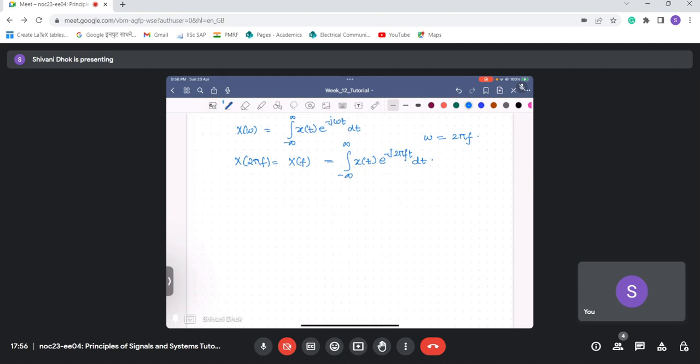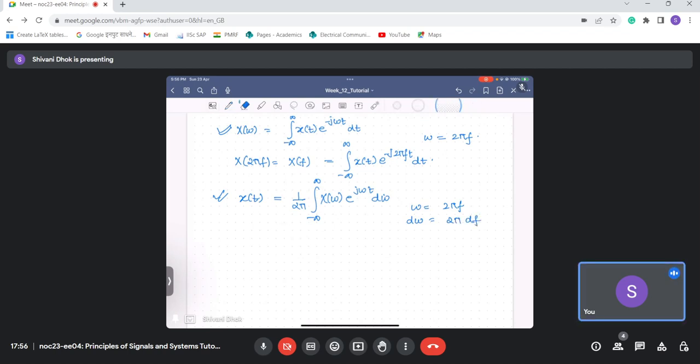Now let us look at the inverse. So x of t is equal to 1 upon 2 pi integral from minus infinity to infinity of X of omega e power plus j omega t d omega. But now I am doing a substitution as omega equal to 2 pi f. So d omega is 2 pi df.